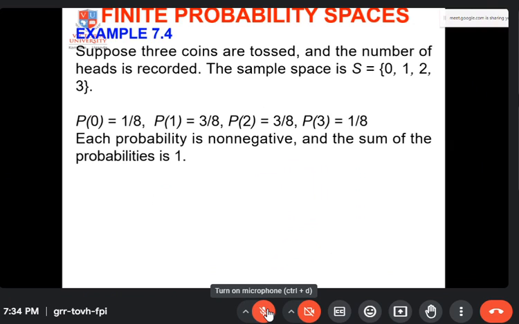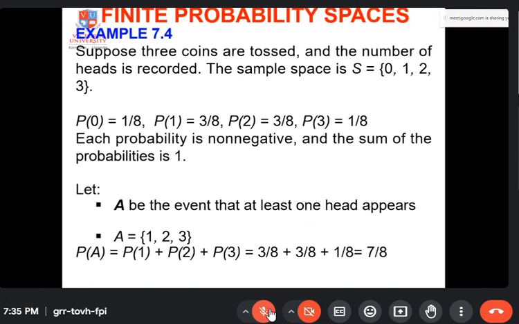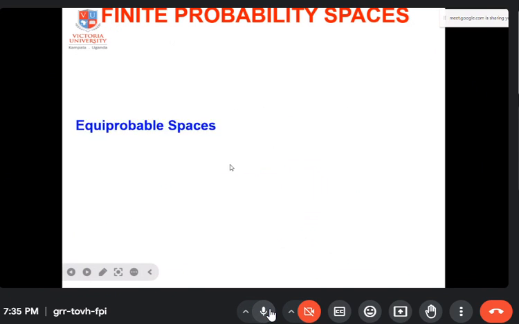So I think the probability of getting at least a head is 7 out of 8. Very good, because we leave out only one. The probability of not getting any head is 1 over 8. Therefore, when you subtract from 1, all of the other 7 possibilities, you can get a head. Okay? So that is 7 over 8. Very good.